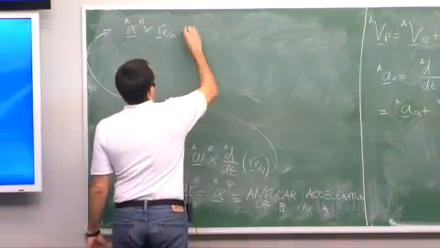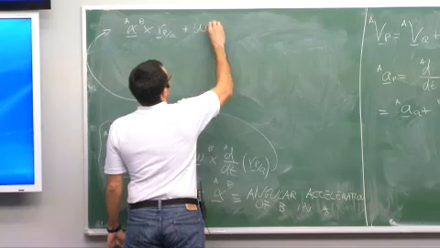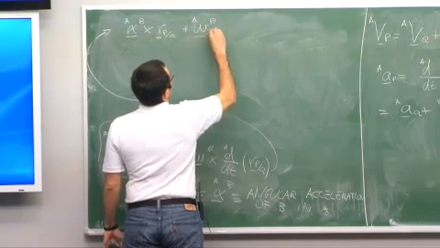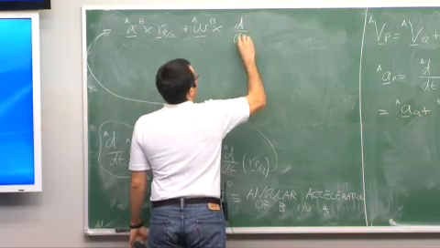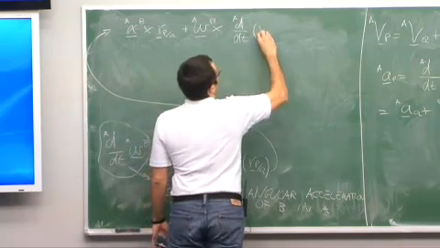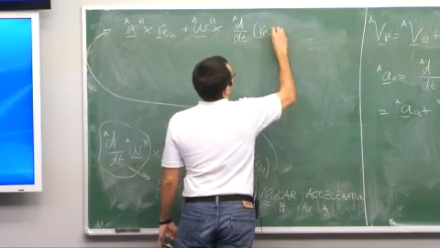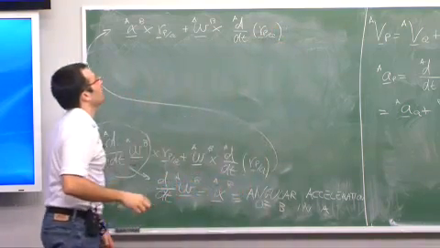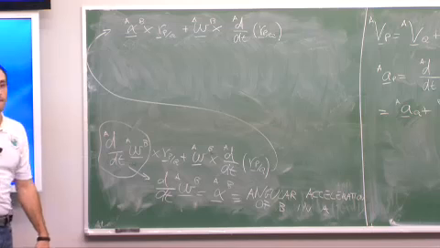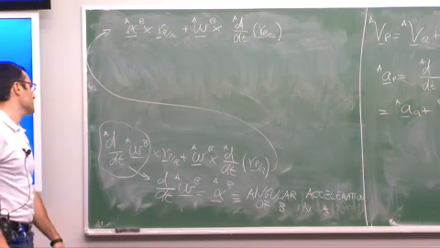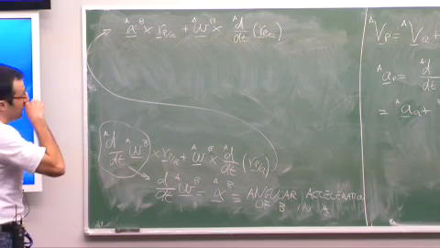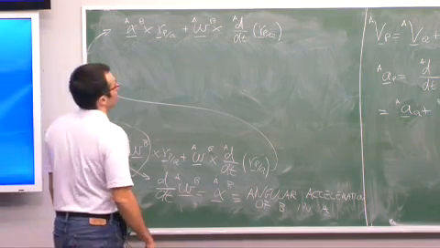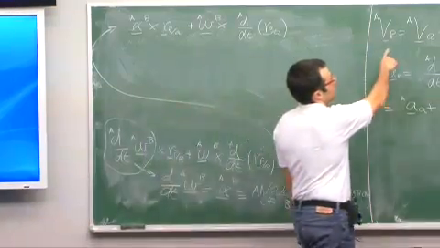And then I have omega BA cross with d/dt in A of R P with respect to Q. What is that? I think I've done it before. Look at that formula here.